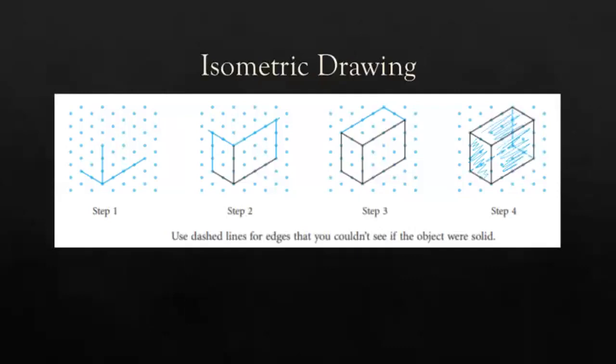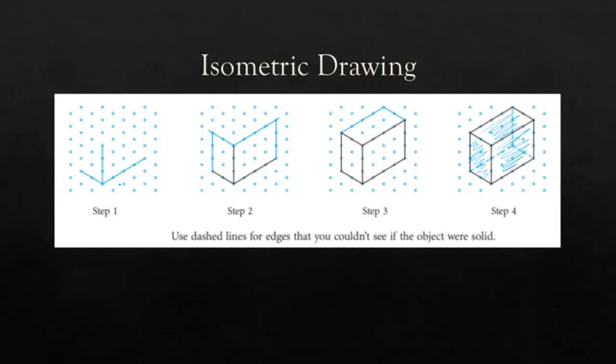An isometric drawing shows 3 sides of an object in one view. This is our best way to show a 3D object on our 2D paper. Look at this example. This is a rectangular prism, or maybe a box that we think of, and it is done on isometric paper. That's what those dots are. So connecting those dots can help us to draw 3D when we are first starting out.